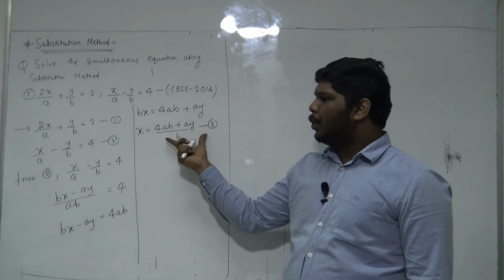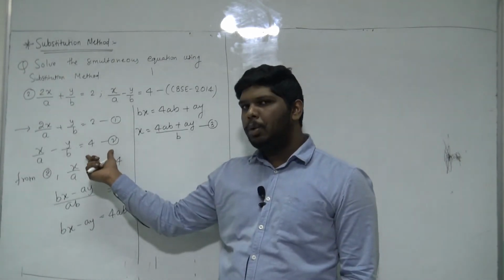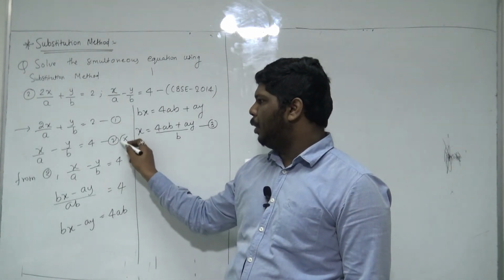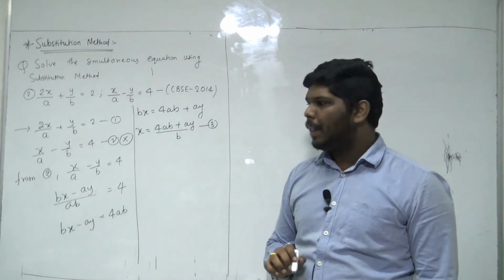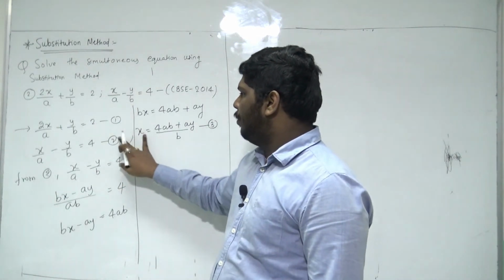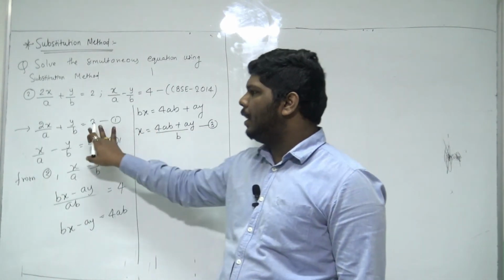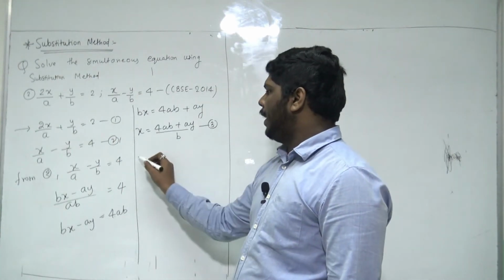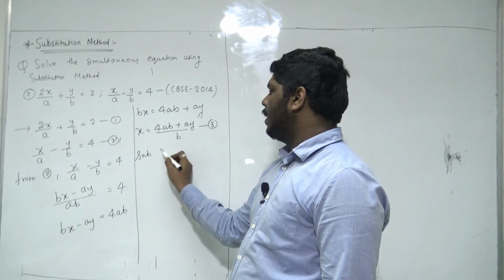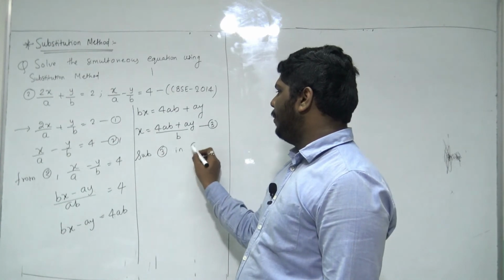So value of this equation number 3 is obtained from equation number 2. So this value cannot be substituted in equation number 2, that you have to remember. Okay, after that what we'll do, we will substitute the value of equation number 3 in equation number 1. So we can say substituting 3 in 1.